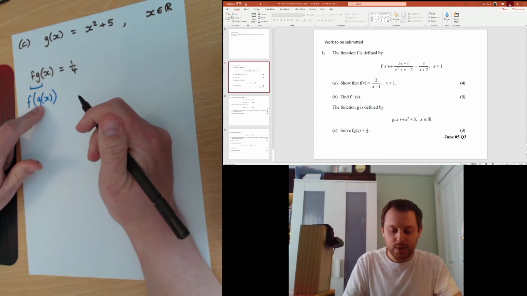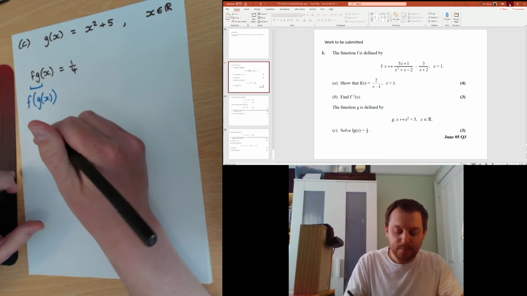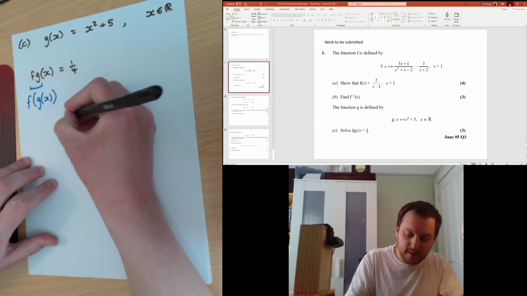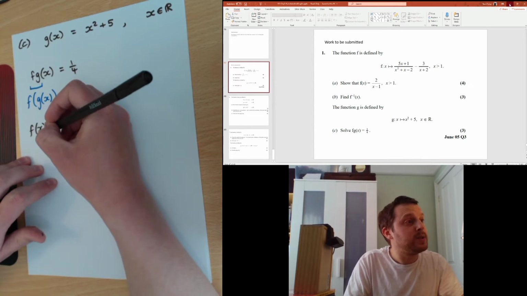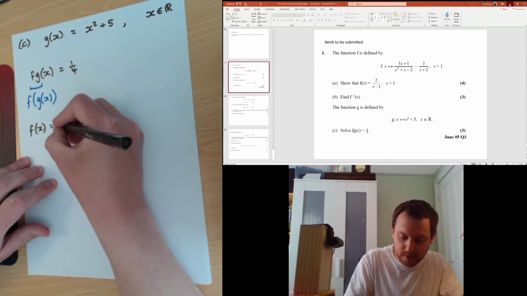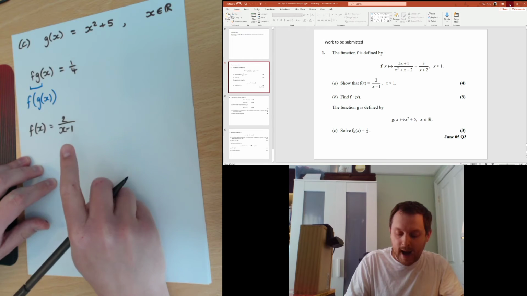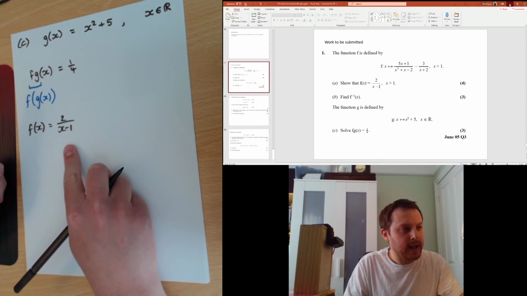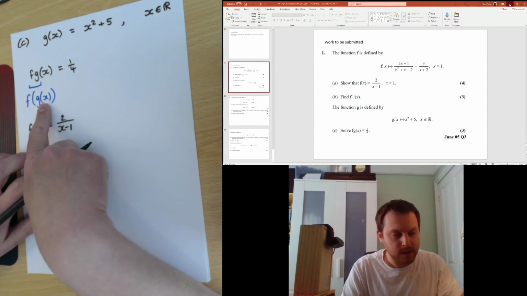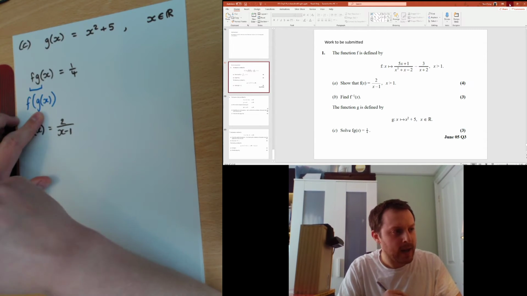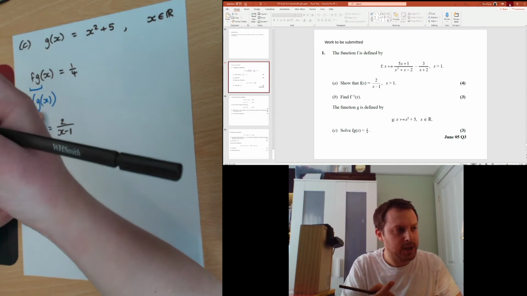So what we have to do is, well, we have to remind ourselves, I guess, what f is. So what was f of x? F of x was 2 over x minus 1. And we have to make sure that we're putting into f something that is greater than 1. But remember what I just said about what gets output by g.